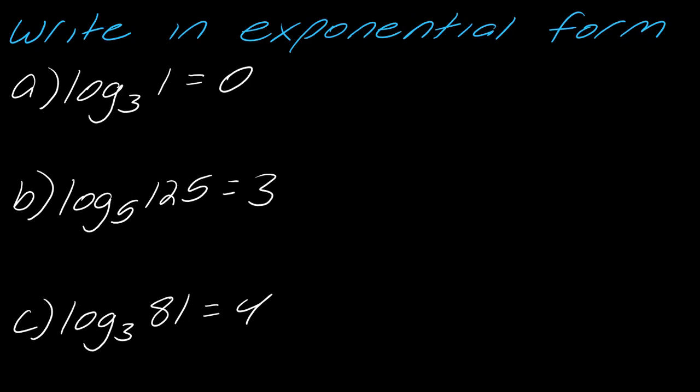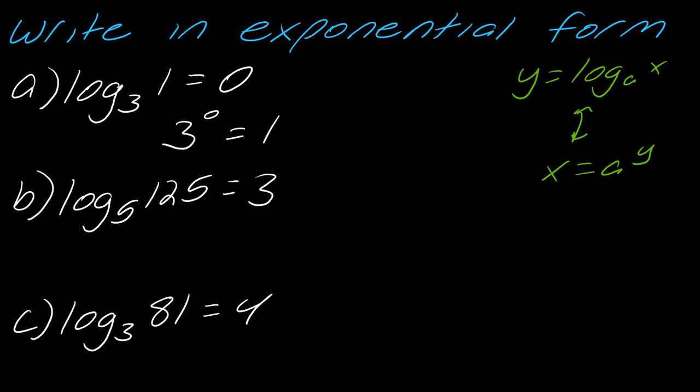And just to go the other way, just to cement this definition, now we'll go from logarithmic form to exponential form. And in some ways, I think this is easier because, again, y equals log base a of x is equivalent to x equals a to the y. So when you're rearranging this, the base is also the base for the exponent. 3 to the 0 equals 1.